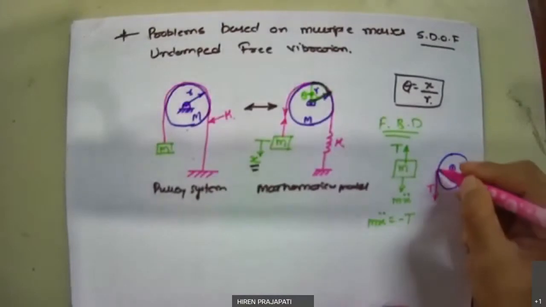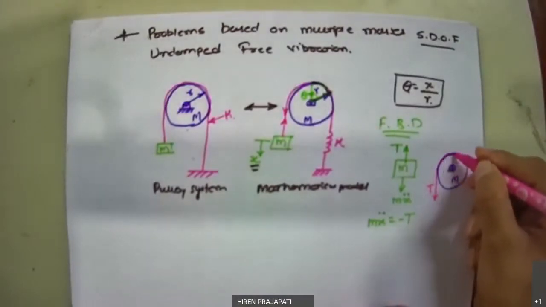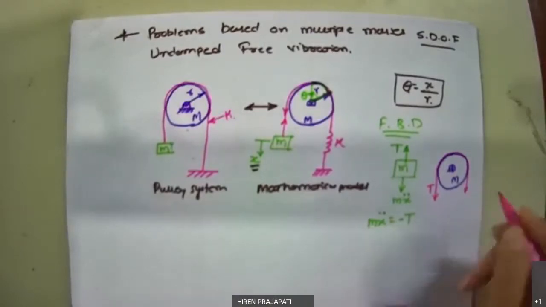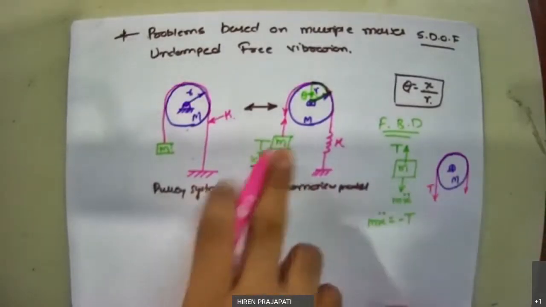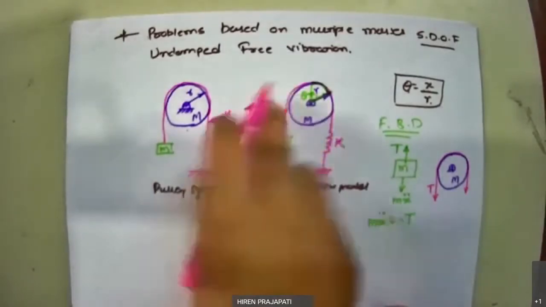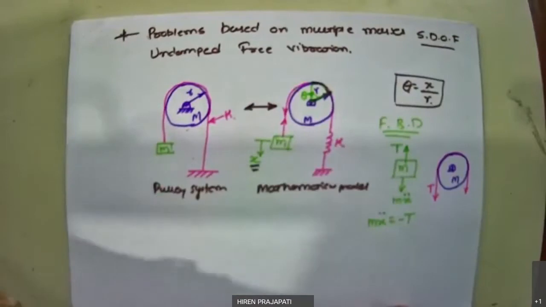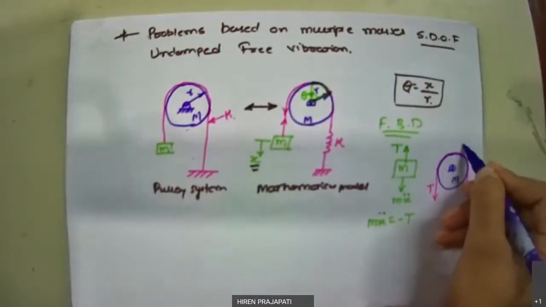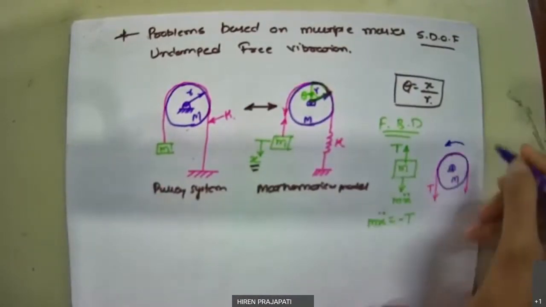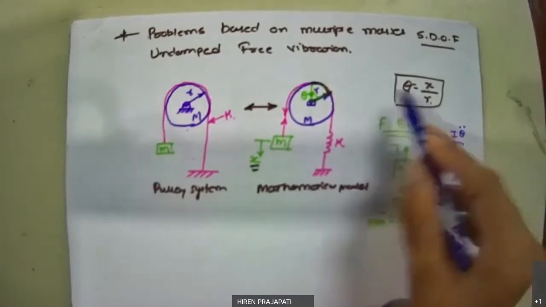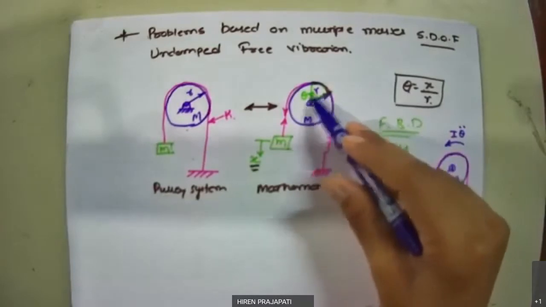Okay. Now on this side, if I pull this mass downward, then this will try to rotate in this direction, right? In the counterclockwise direction. Then we have an inertial torque in this direction, which is I theta double dot, because we have considered the theta coordinate for rotation of this pulley.